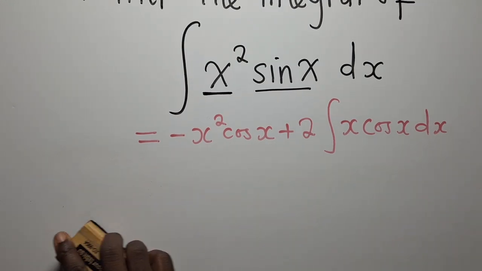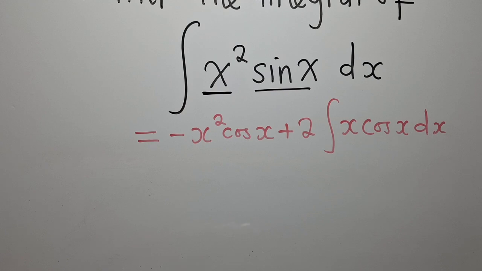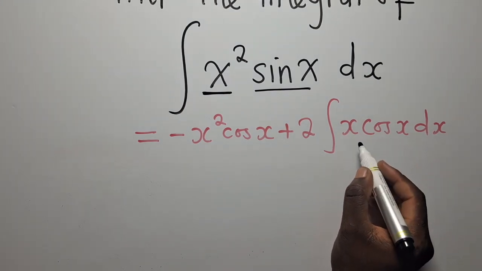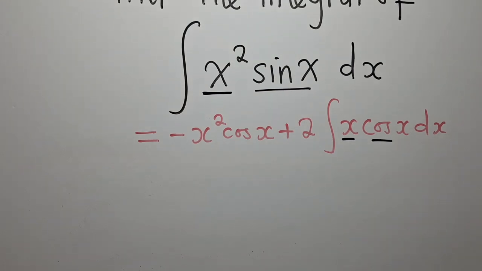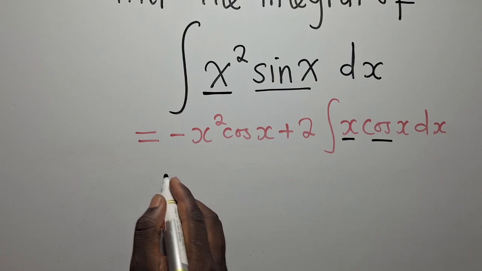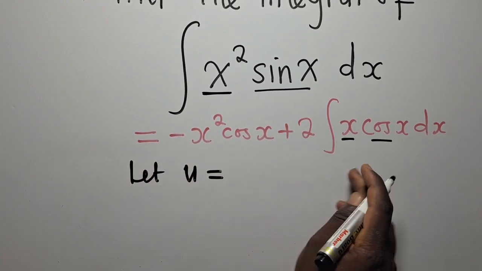So now, from this stage, we need to integrate this. So we'll do the same, because there are 2 functions. We've got this also. So we need to use by part also here. So we shall say let u be equal to, which one?